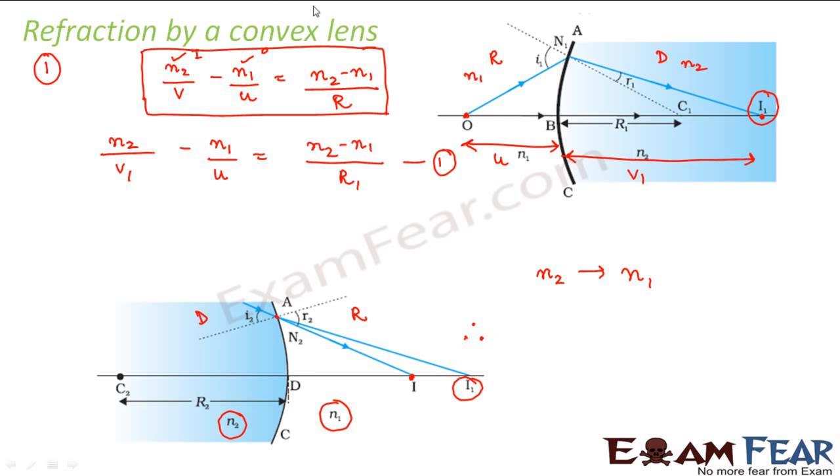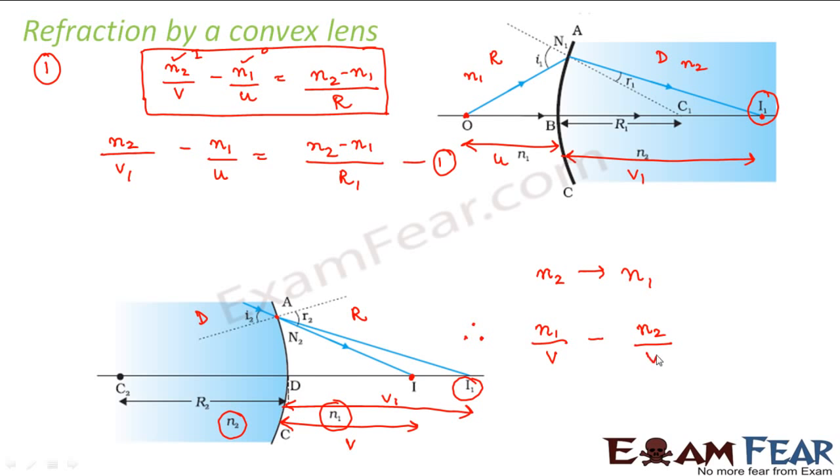Therefore this expression will become N1 by V, where V is the image distance of the final image. This is V, so this minus N2 by U. What is U? The object distance in this case is V1, right?